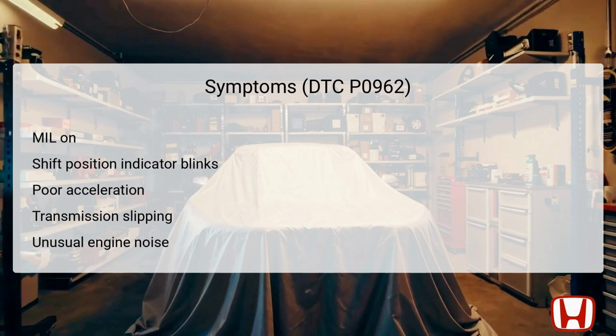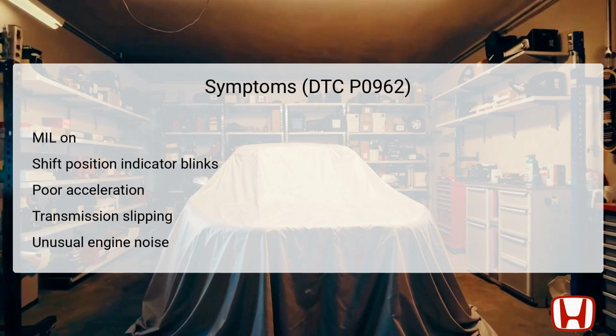When the DTC P0962 is triggered, certain symptoms will typically manifest in the vehicle's operation. The malfunction indicator light, MIL, will illuminate on the dashboard, signaling that there is a fault. This is the first visible cue. Alongside the MIL, you may observe that the shift position indicator blinks, indicating a communication issue between the TCM and the transmission.